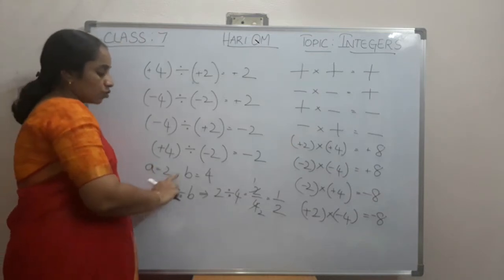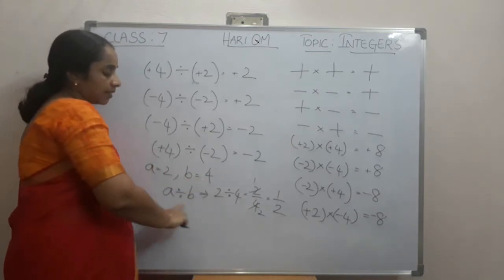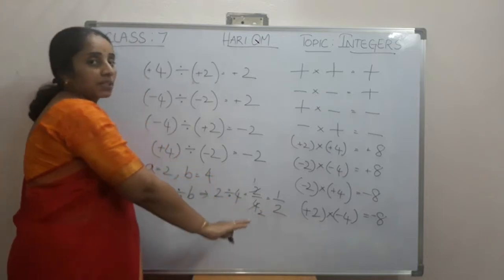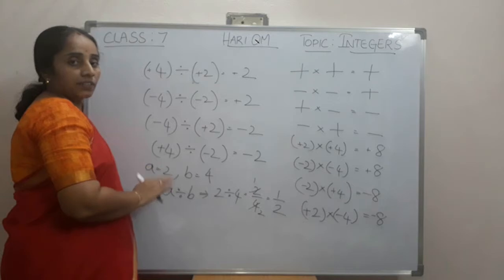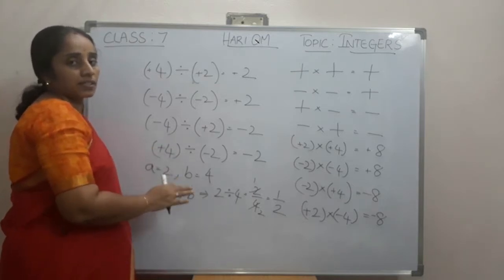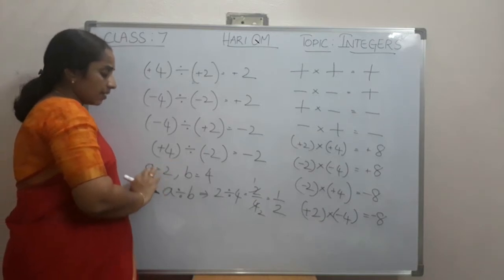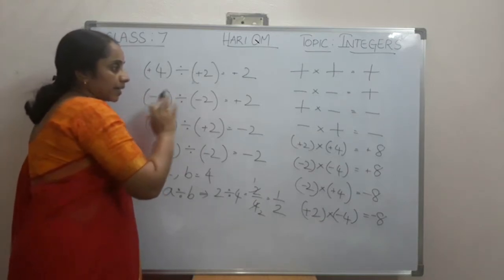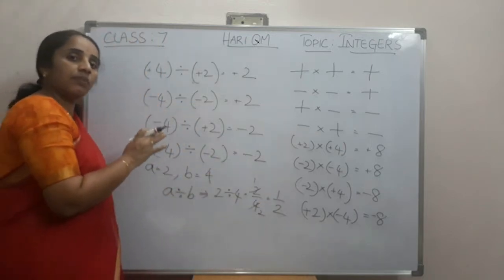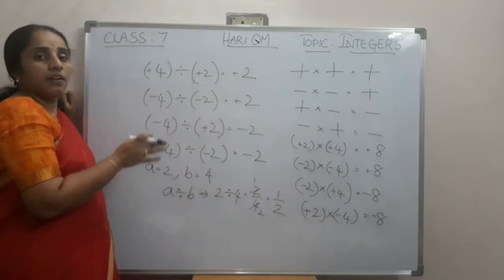So in division the closure property does not satisfy, whereas under multiplication it satisfied. Under addition and subtraction we also checked that it satisfied.